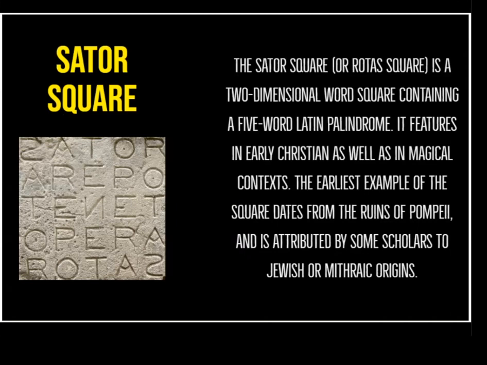The earliest examples date back to the ruins of Pompeii, and some scholars attribute it to Jewish or mythic origins. It is very, very mysterious. It was discovered in the ashes of a town covered after a volcano, and there's a lot of information that goes into the square, which is what we're going to talk about.